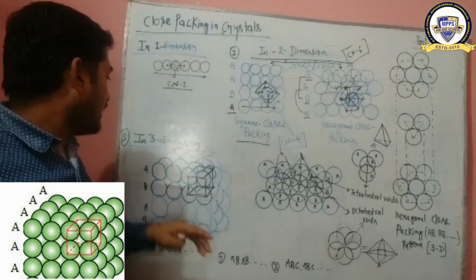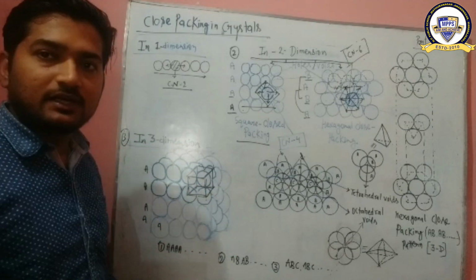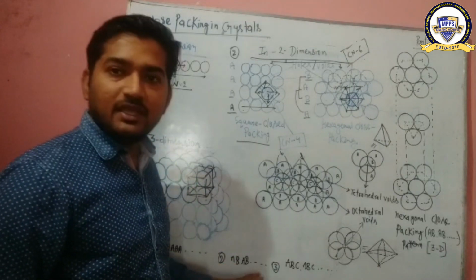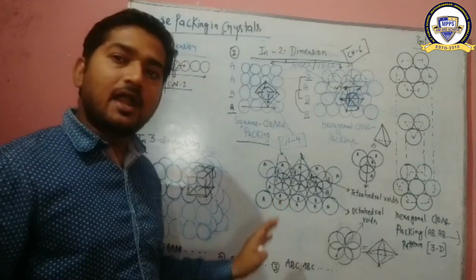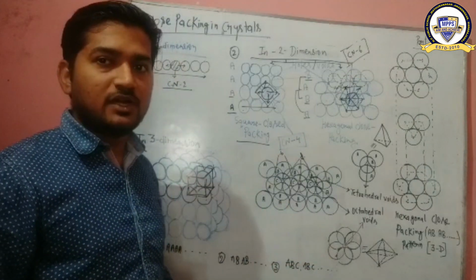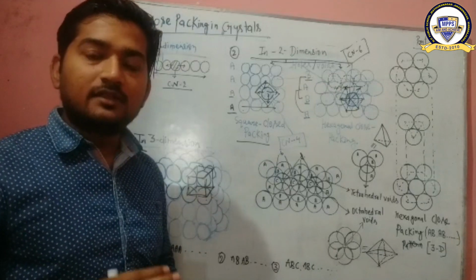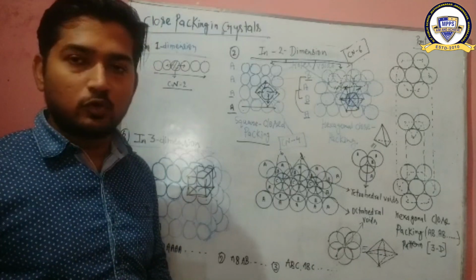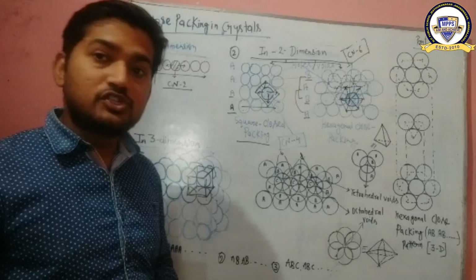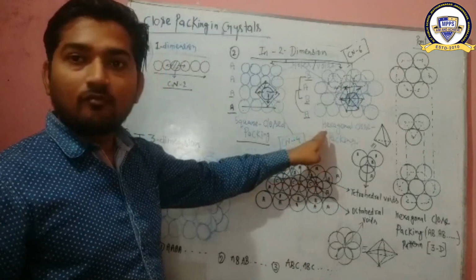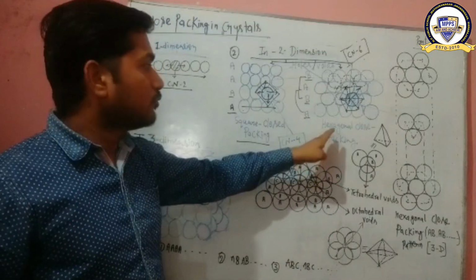But if we consider another case, that is your AB arrangement and ABC arrangement, so AB arrangement, that is known as hexagonal close packing, is originated from 2-dimensional close packing.